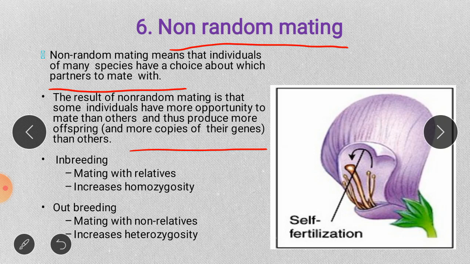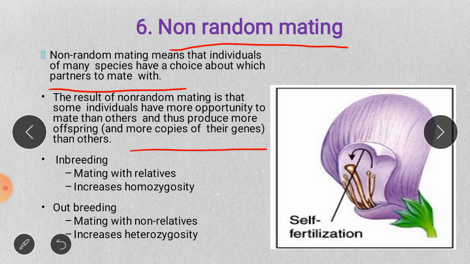Here each and every plant will not get the same chance to mate and produce offspring. One individual reproduces more often than other individuals in the population, and that will result in an increase in the alleles of only that parent.